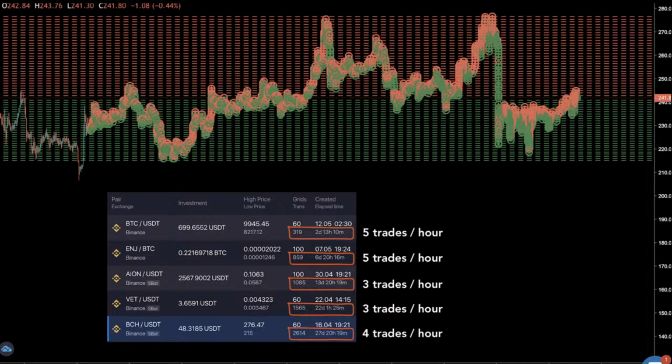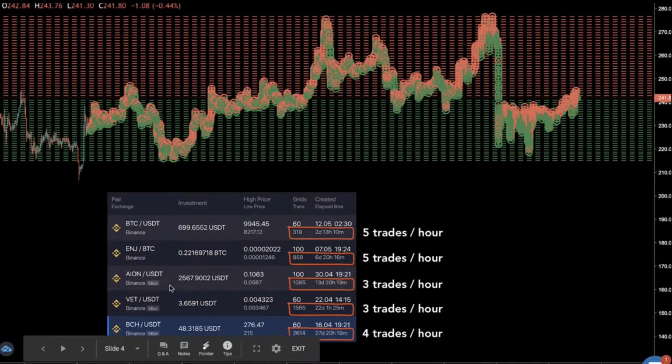As you can see, I have a list of some active trades, active bots in this case. For instance, the highest one is Bitcoin Cash trading to USDT. And as you can see, I have in total 2,600 trades that occurred during this period of time.